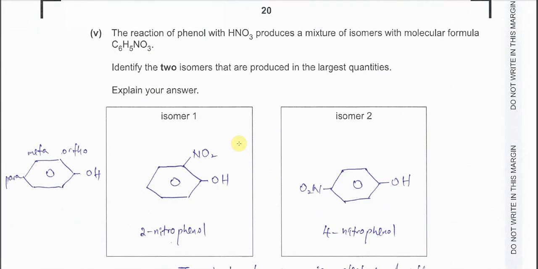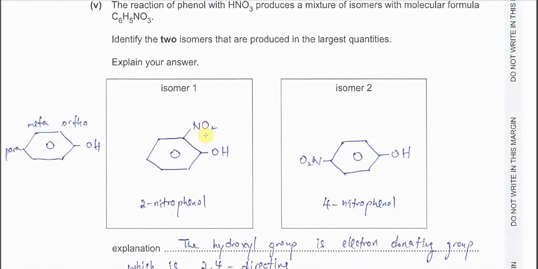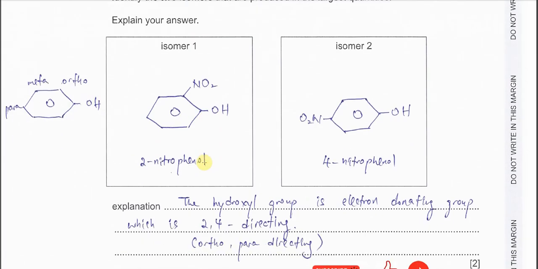Okay, part 5. The phenol will react with nitric acid to produce a mixture of products or isomers. So identify the two isomers. This one is very easy. If phenol reacts with HNO3, because phenol is 2,4 directing, it is going to direct the substitution to the 2,4 positions.